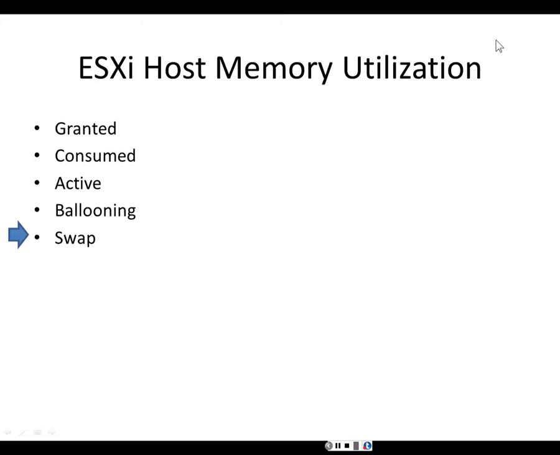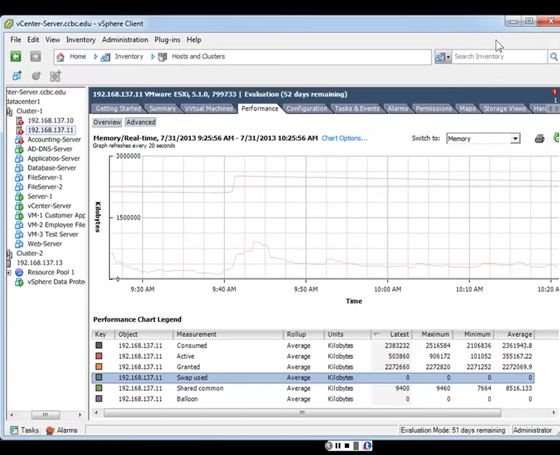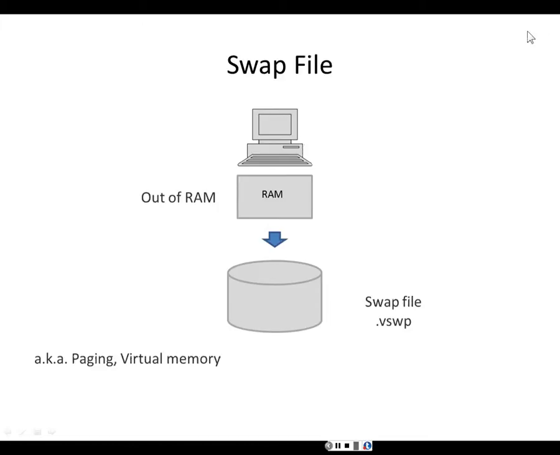And then the swap file is something that we've discussed before. Swapping is when the ESXi host runs out of memory. If we look at the swap used right here, as you may recall, swapping is when the computer is out of RAM. And if you have more data than the RAM will hold, the data can spill over to the hard disk to what they call a swap file, a .vswp file.